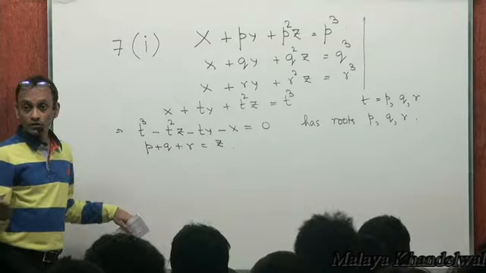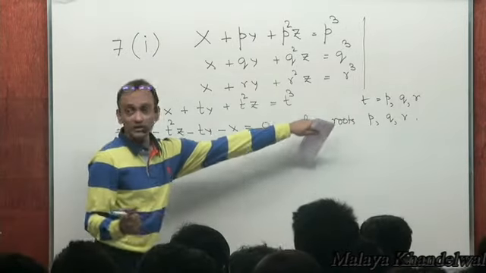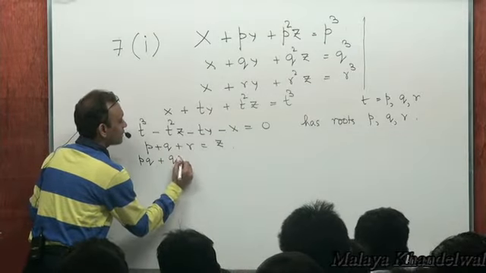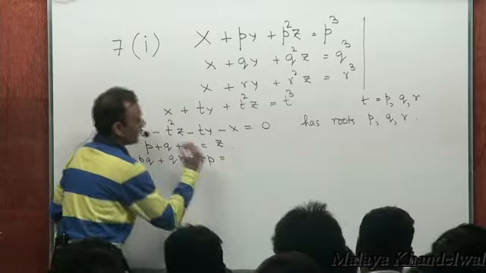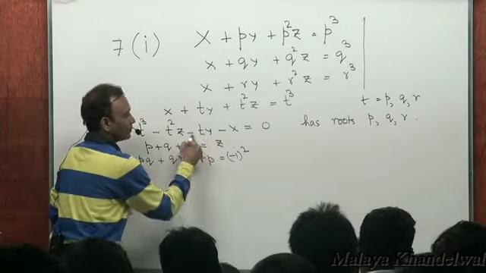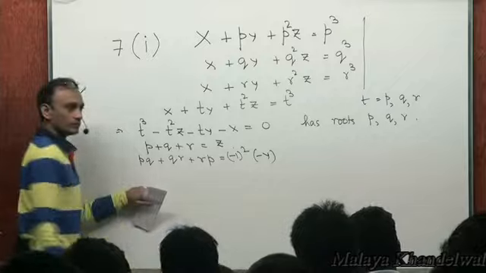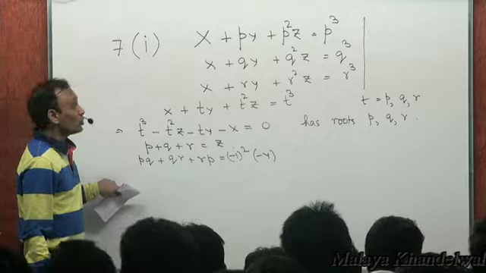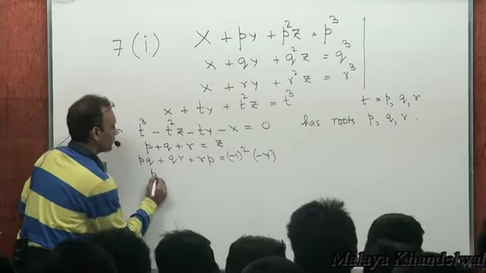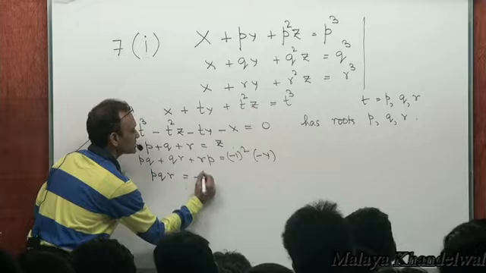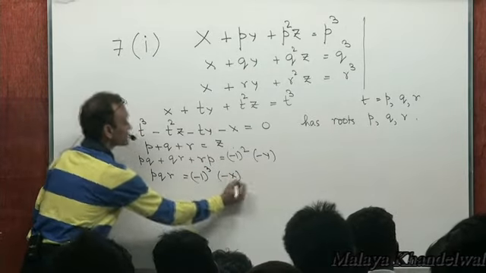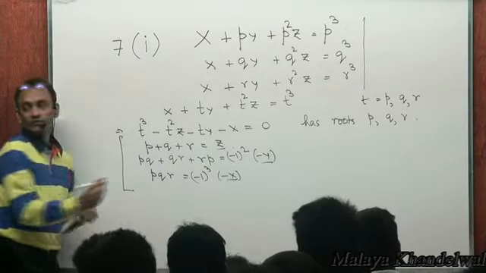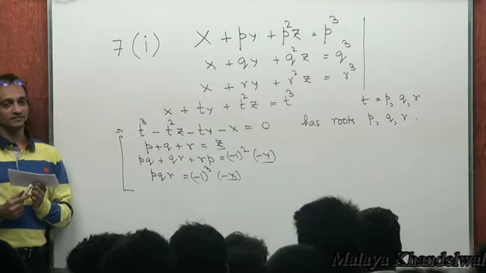So we know z. Sum of the products taken two at a time, pq plus qr plus rp, would be minus 1 squared into minus y. So then y is known to us, right? Product of the roots pqr is minus 1 cubed into minus x. So that gives me x, this gives me y, this gives me z without any effort.